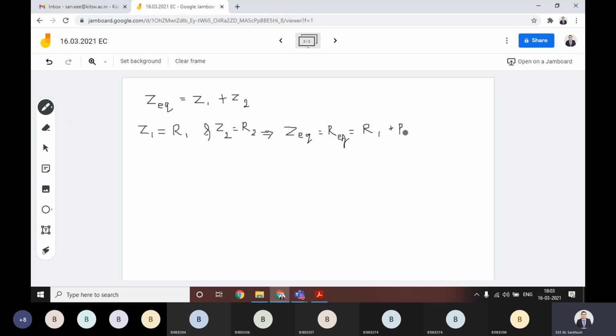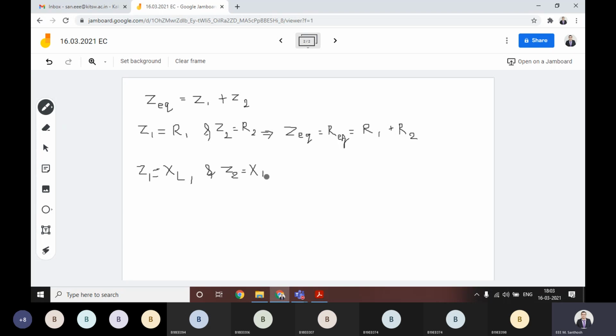You know this. Then, another scenario I want to mention here. Suppose Z1 value is XL1, that means there is an inductor in place of Z1, and Z2 is a second inductor.